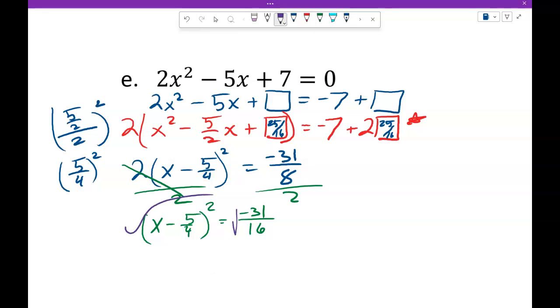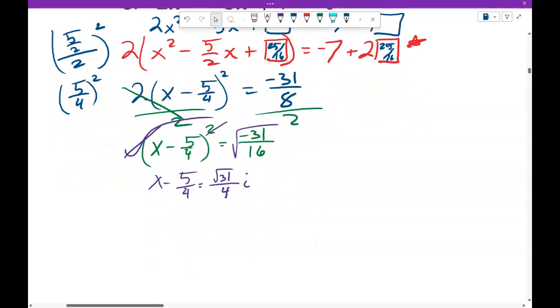We'll square root both sides. So we'll have the square root of 31 over 4i, since it was negative 31. Don't forget our plus minus.